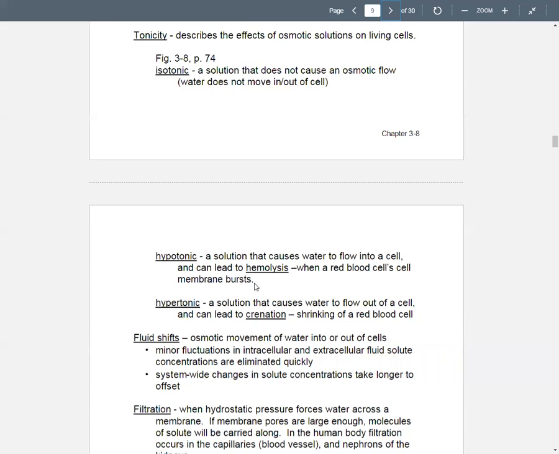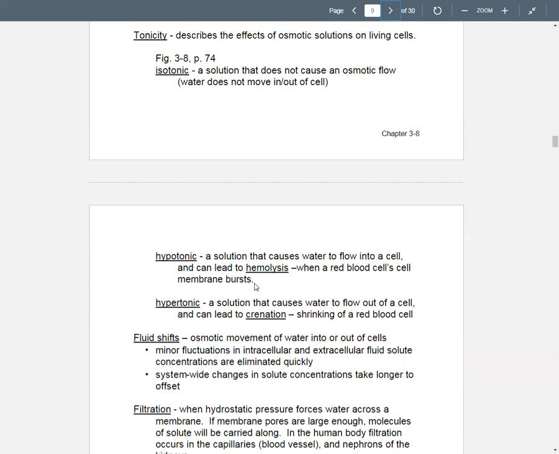In a hypotonic solution, water is going to flow into the cell because the concentration of solute outside the cell is low. It's hypo, which means the concentration of water is high outside the cell, which means water is going to flow in.